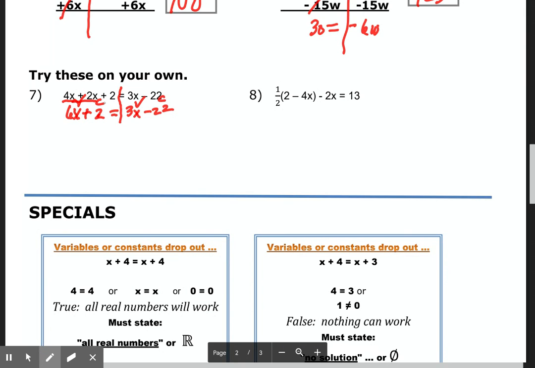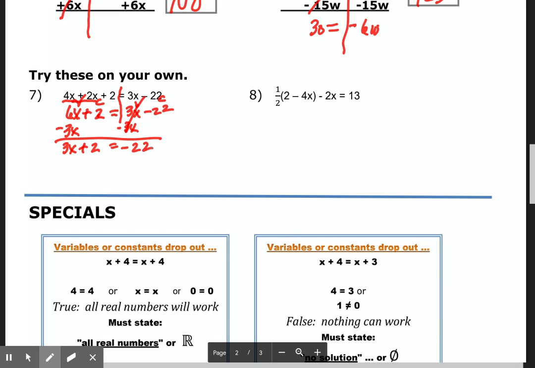You know how I told you on notes 1, I like to get the variables on the left. So that's what I'm going to move first. So I'm going to subtract 3x from both sides first. So that cancels out. So 6x minus 3x is 3x plus 2 equals negative 22.